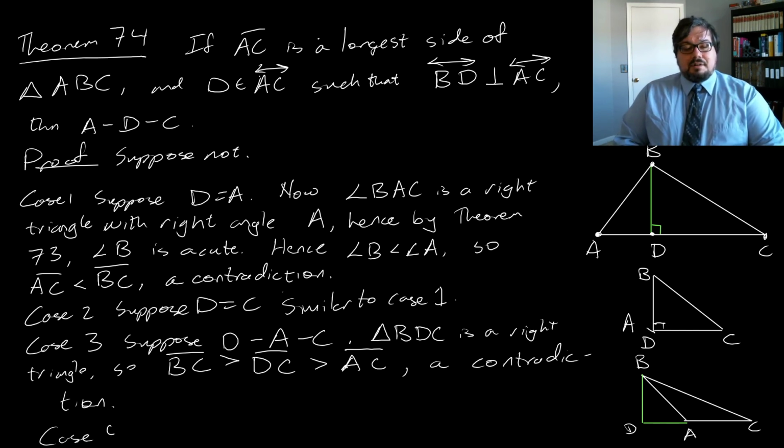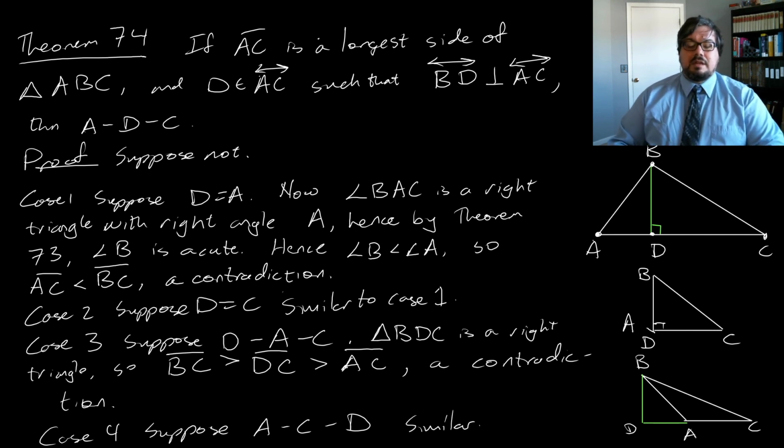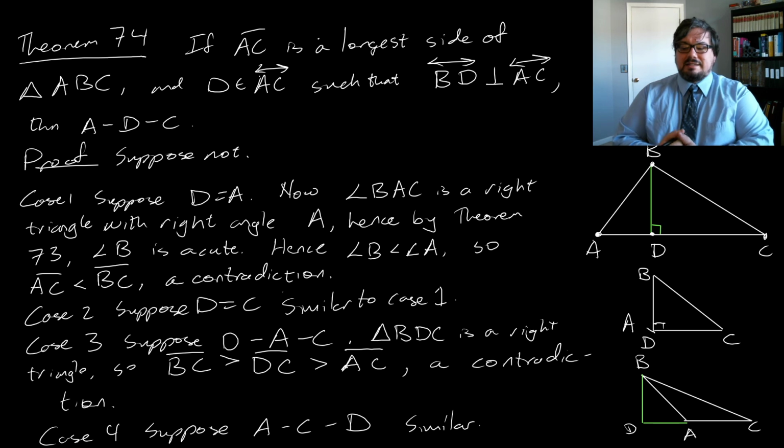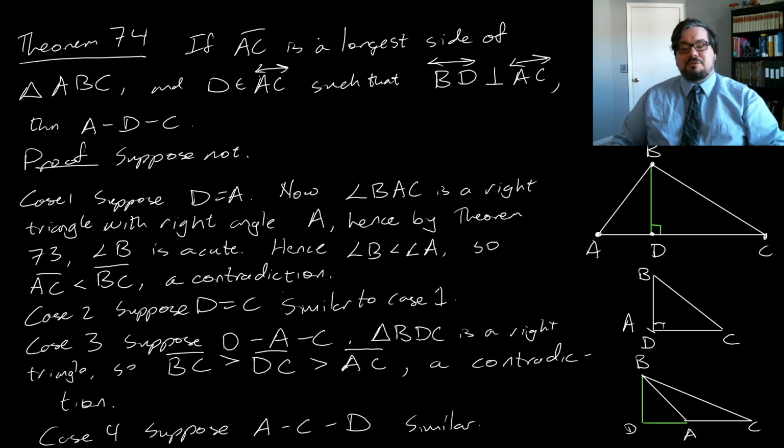Case 4, which is where D is on the other side, is similar. So if D is on the other side of C from A, then again the triangle ABD is a right triangle with right angle at D, and the same sort of argument applies, showing that the segment AC is not the longest side.